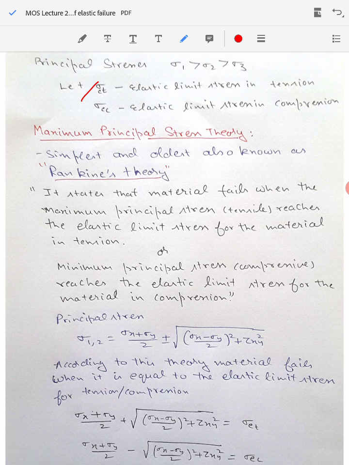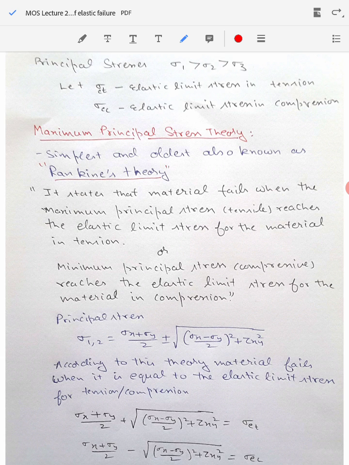The point up to which it follows back the original curve in the stress strain diagram and returns to the origin without any permanent deformation is termed the elastic limit stress. So the maximum value of stress that the component can be subjected to in the elastic zone is called the elastic limit stress. So sigma et is the elastic limit stress in tension, and sigma ec is the elastic limit stress in compression.